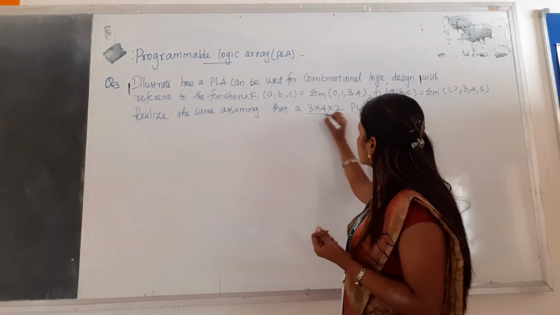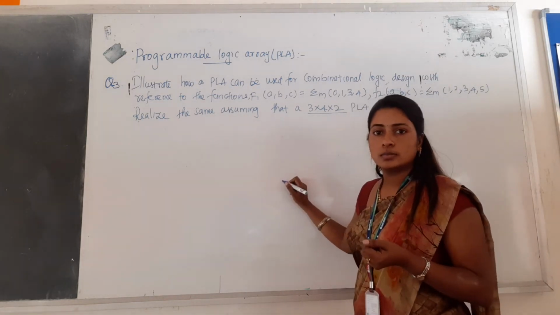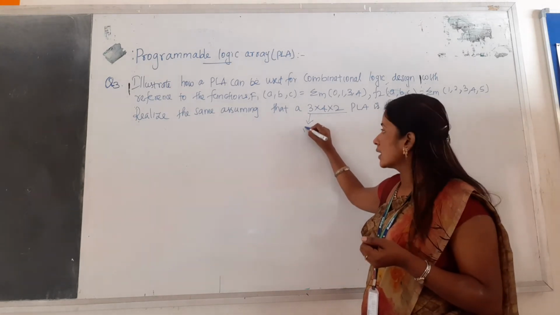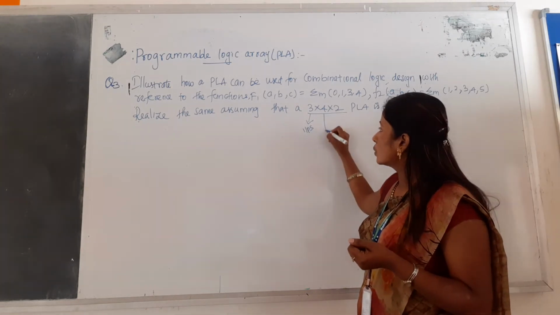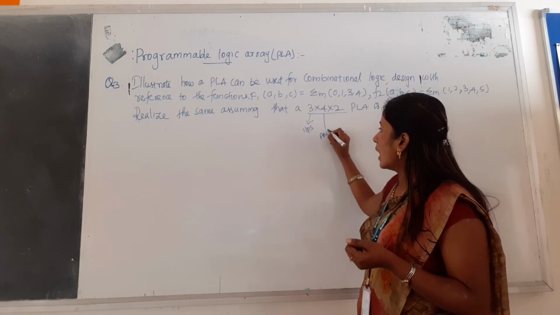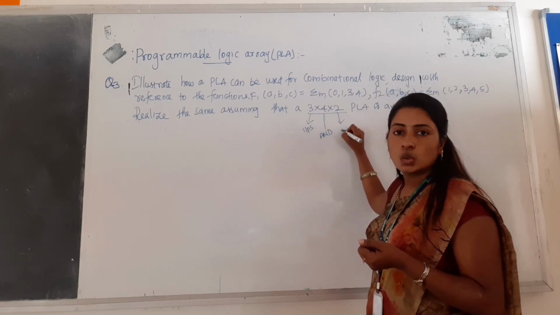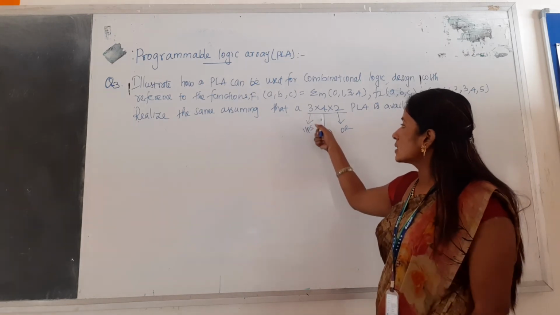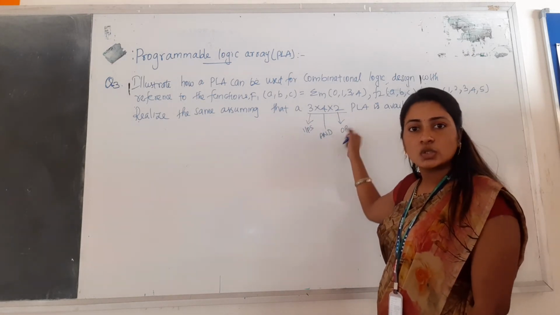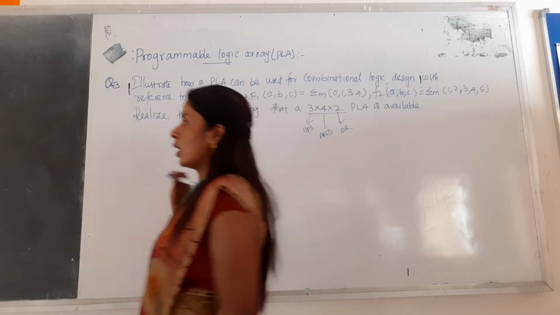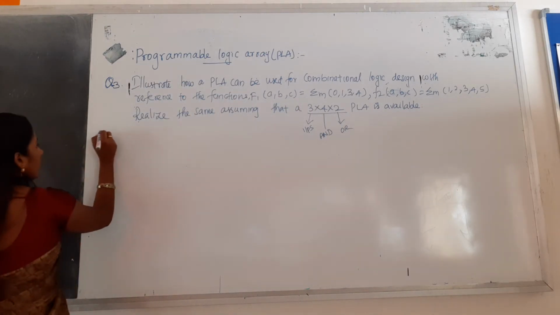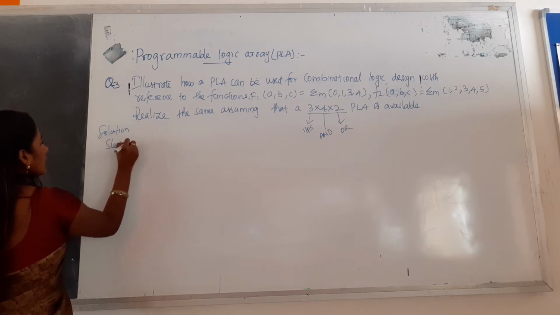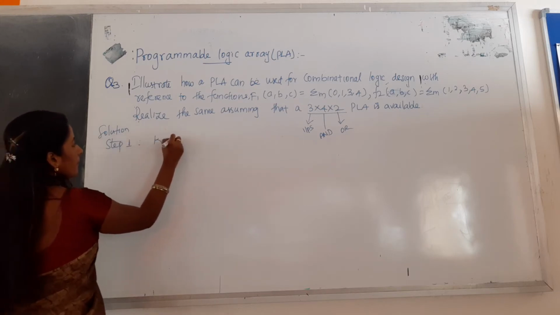So 3 cross 4 cross 2 means 3 inputs, 4 AND gates, 2 outputs, that is OR gates. Step 1: K-map.